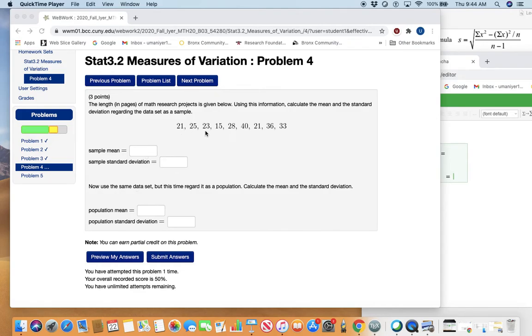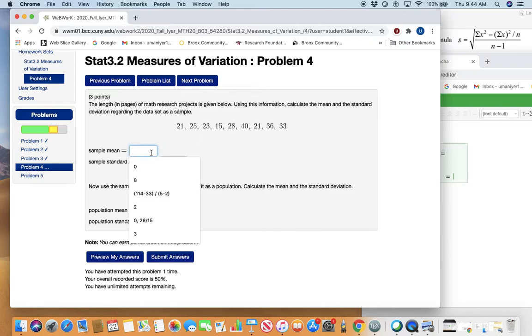1, 2, 3, 4, 5, 6, 7, 8, 9. So we are going to have a total over 9. Question is, what is that total? Well, I don't have to calculate separately.